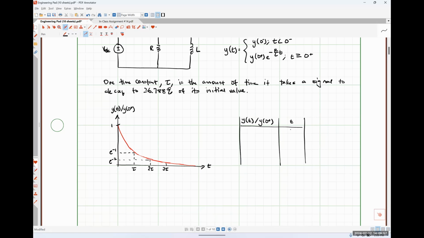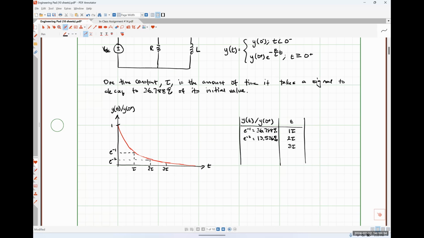So at 1 tau, we're at e to the minus 1, which is 36.788%. At 2 time constants, or at e to the minus 2, which is 13.5335, so let's call it 13.536%.